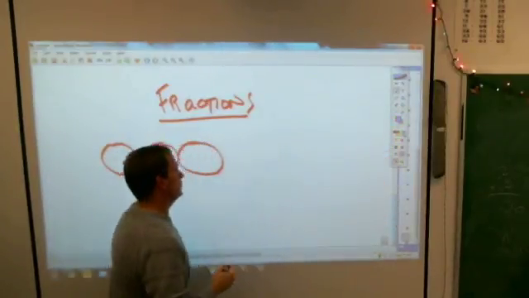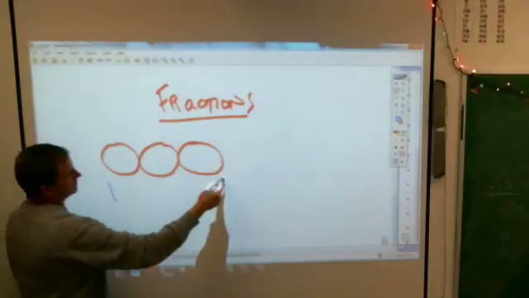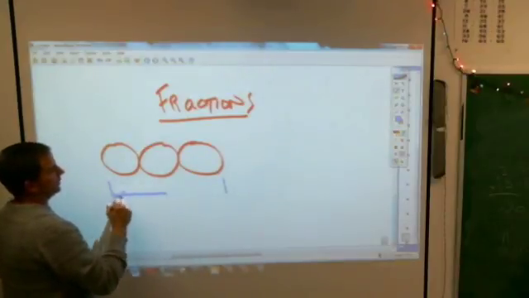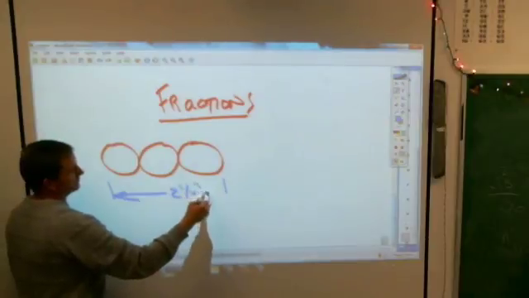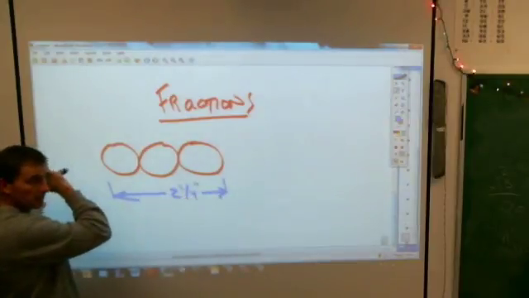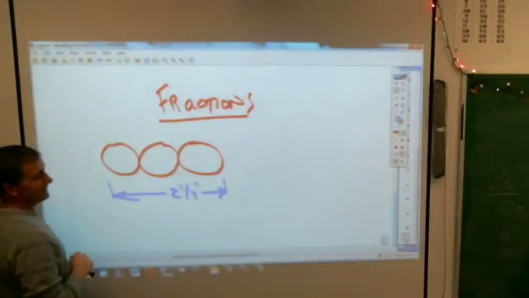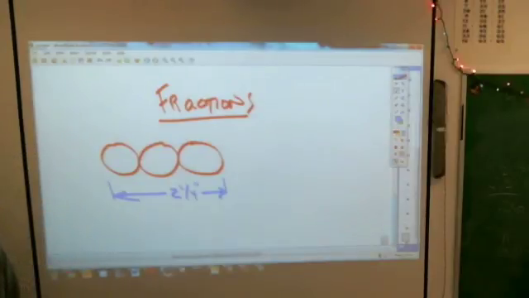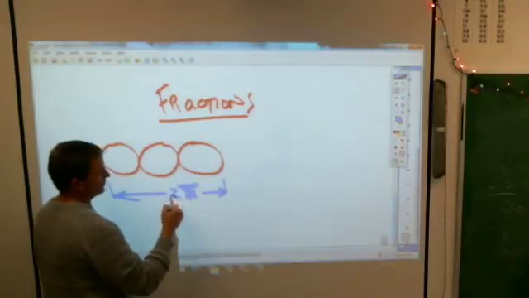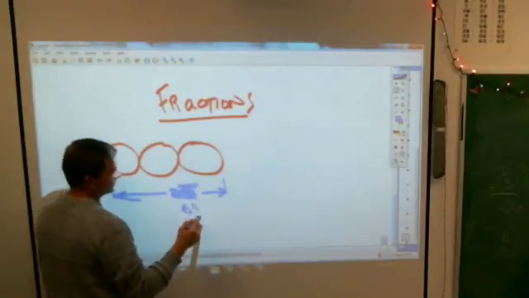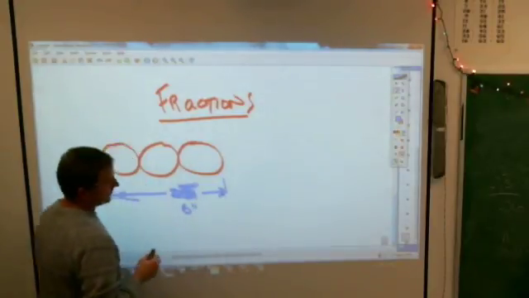I want my row of pennies to be 2 1/4 inches long. Well, no. Can I change that? I want my row of pennies to be something really easy. Let's go 6 inches long. I can change that, can I?